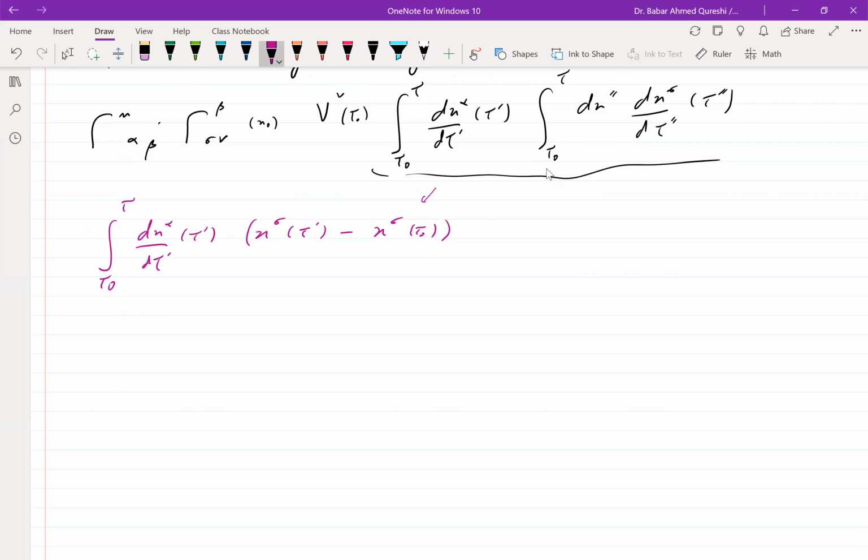This is not going to contribute when we do this integral and put tau equal to tau naught. When I come back to a full loop, this term is not going to contribute. And I'm left with exactly the same term which I got from the previous integral, involving one derivative of the coordinate and the coordinate itself.